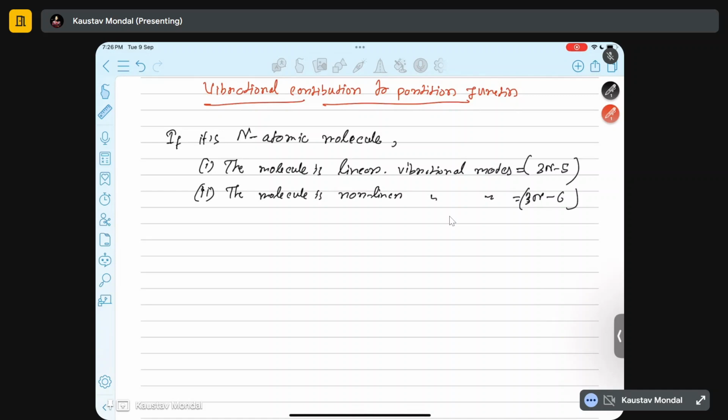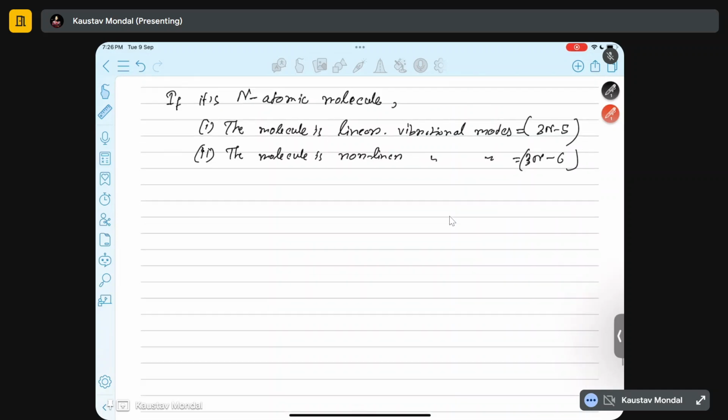So that means in a polyatomic molecule, each normal mode has its own partition function.